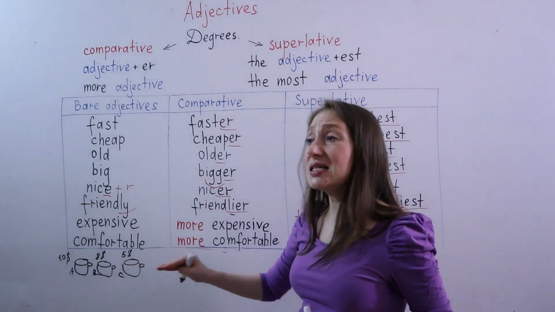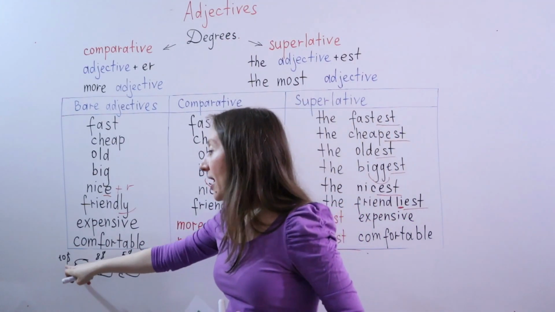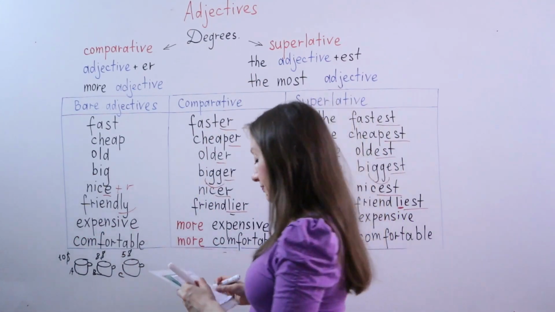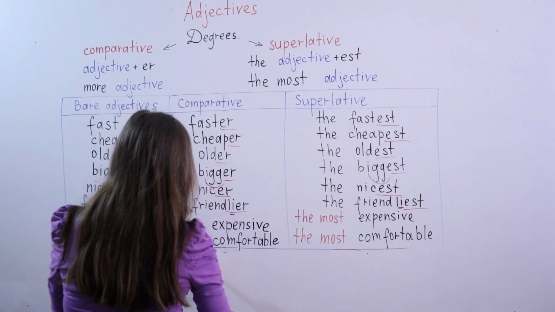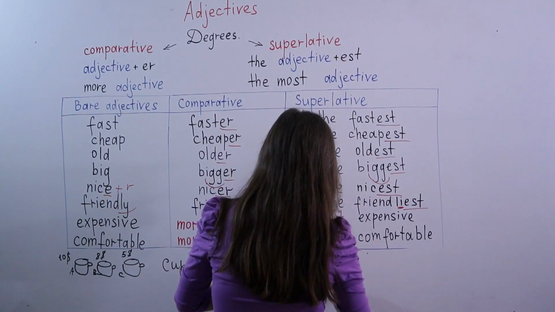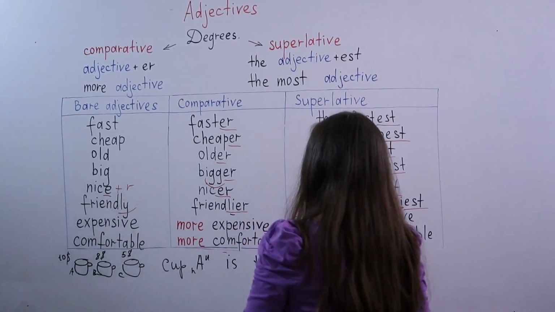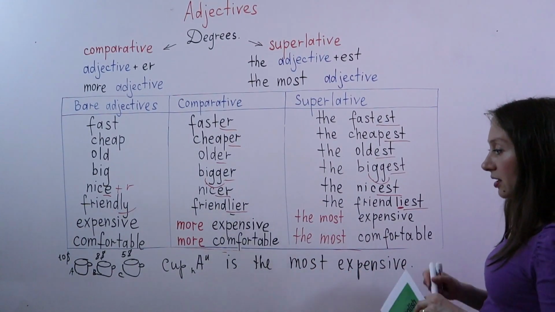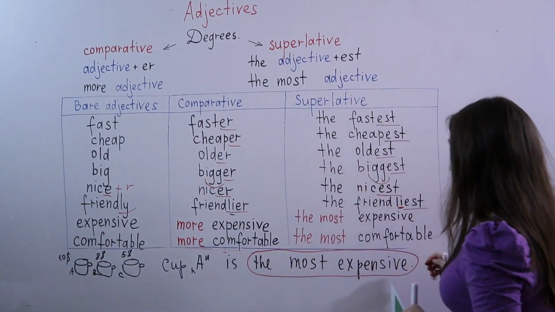Which cup is the most expensive? Yeah, you see, cup A, $10. It's the most expensive cup. All right? Cup A is the most expensive. So you see from the picture, so you just say cup A is the most expensive, right? The most expensive. All right?